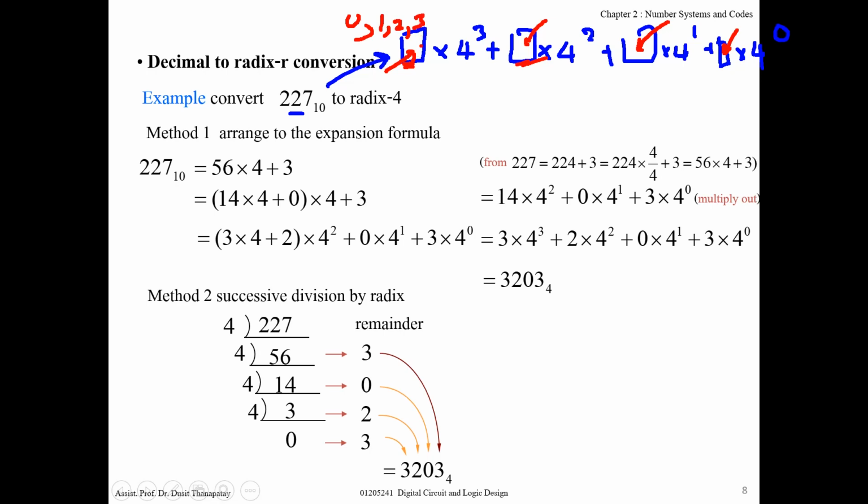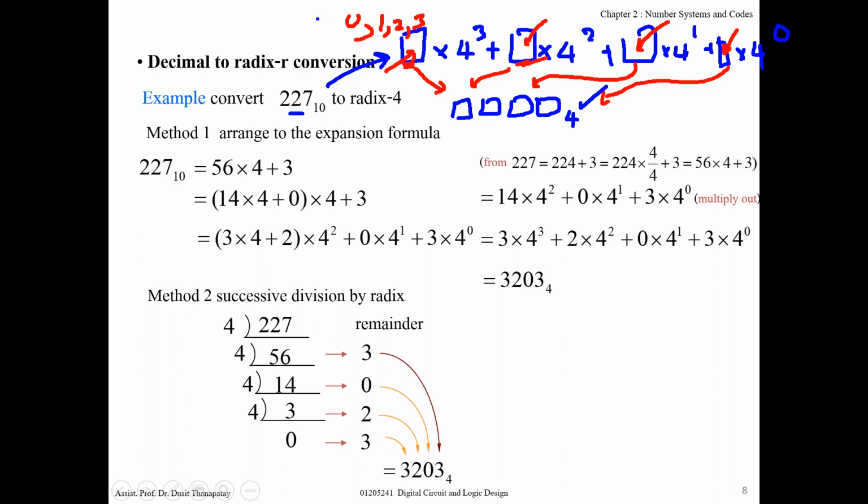That means if you can write this one, that means your answer is these coefficients, right? Just bring them each and write them together, so you can write down radix 4 number completely. Okay, this is the objective that you should do.